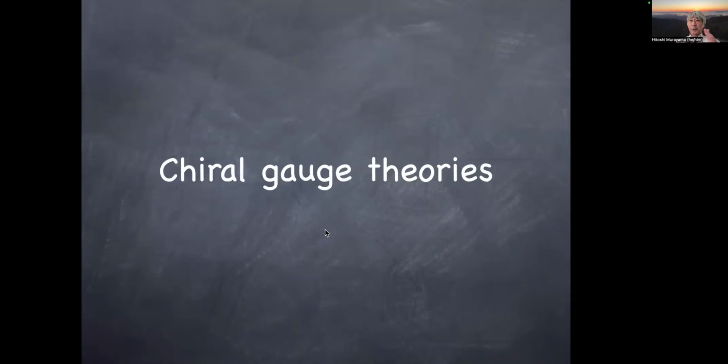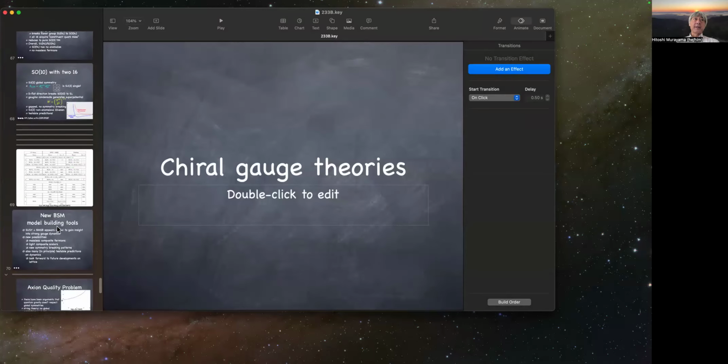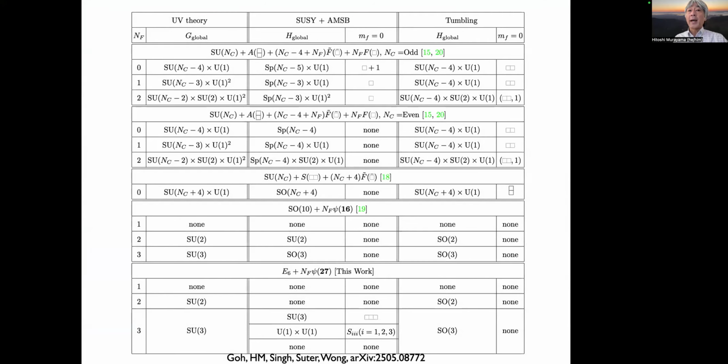Okay, so now I just skip over many things about chiral gauge theories, but it is a fact that you can really work out the dynamics of chiral gauge theories non-perturbatively. And this is work I have done with many students. In many cases, you end up finding symmetry breaking patterns that are very different from what people speculated based on the tumbling hypothesis we talked about in class.